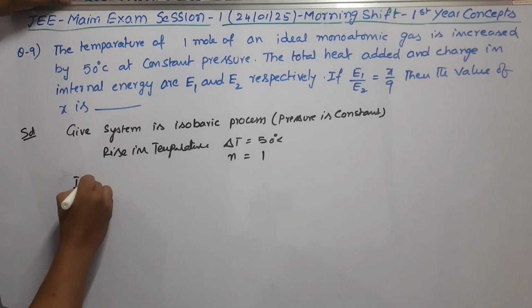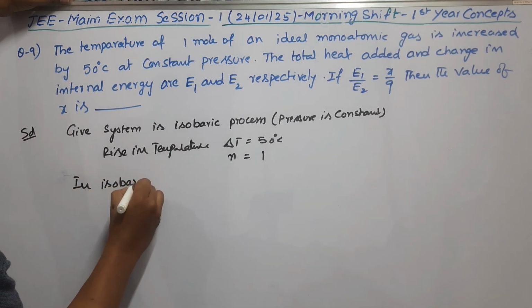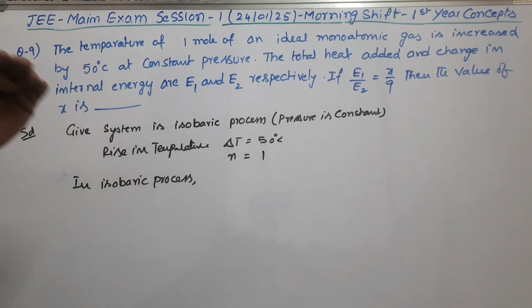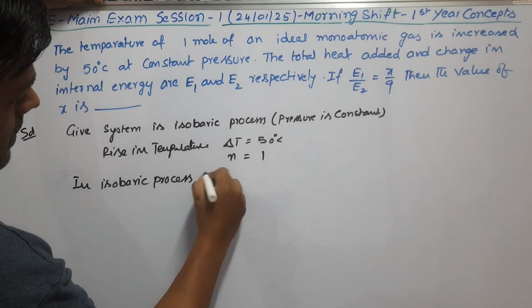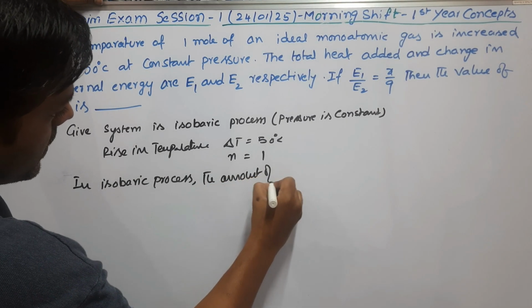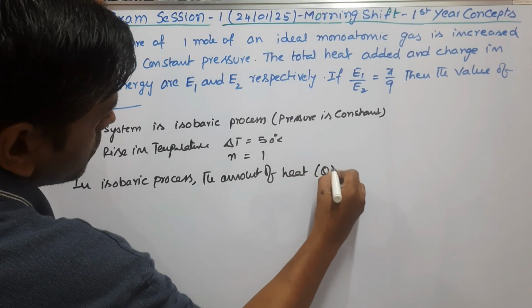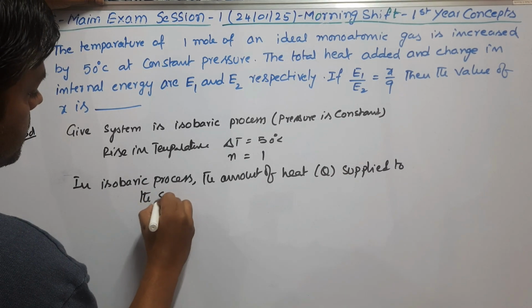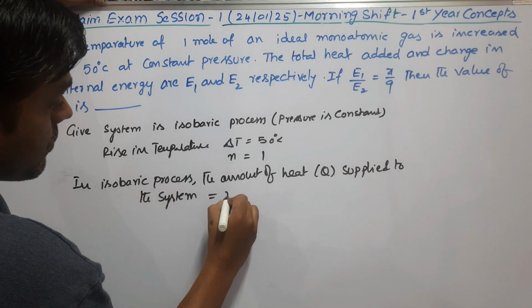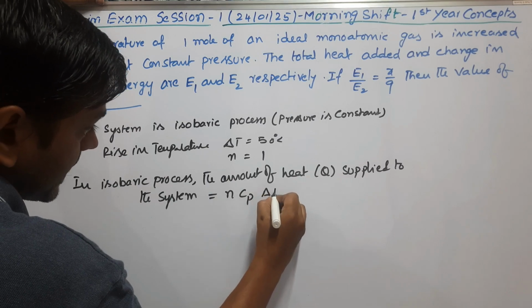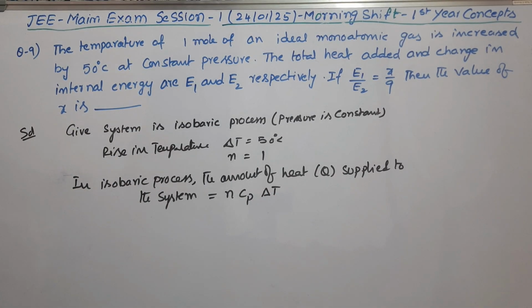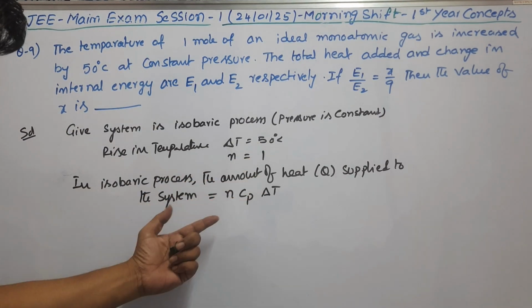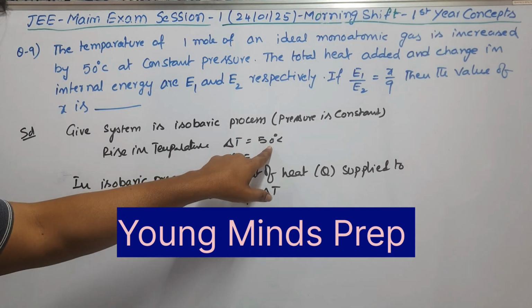You know one thing: in an isobaric process, the amount of heat Q supplied to the system is equal to n into Cp into delta T.